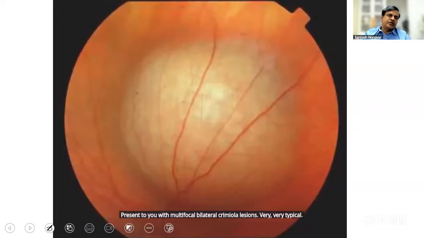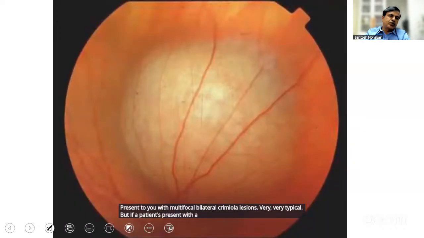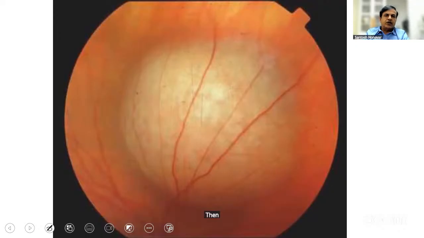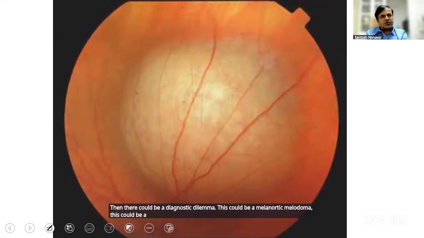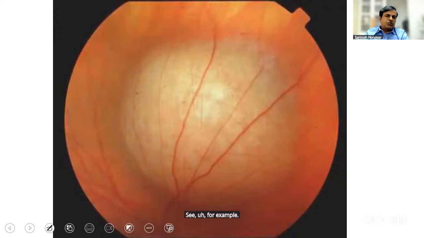But if a patient presents with a unilateral, unifocal, slightly dome-shaped, elevated lesion with subretinal fluid with no RPE changes, then there could be a diagnostic dilemma. This could be an amelanotic melanoma, this could be a choroidal granuloma, this could be, you know, anything for that matter, including what else is possible?